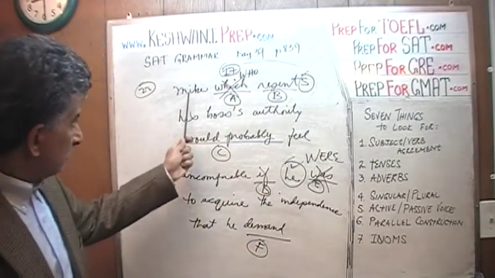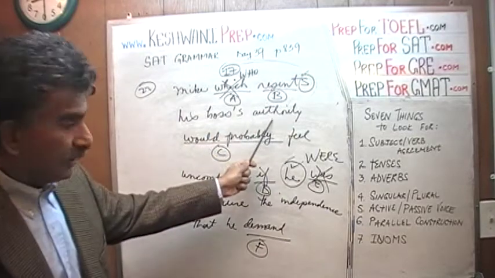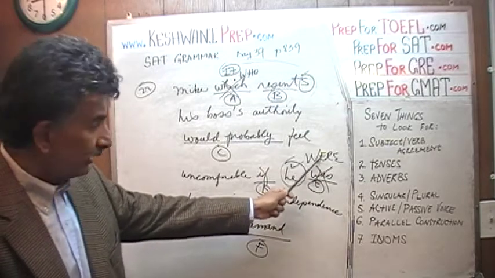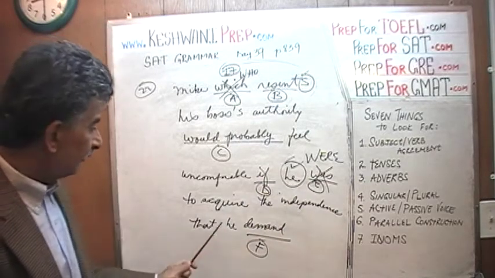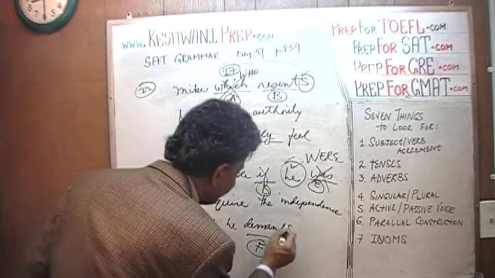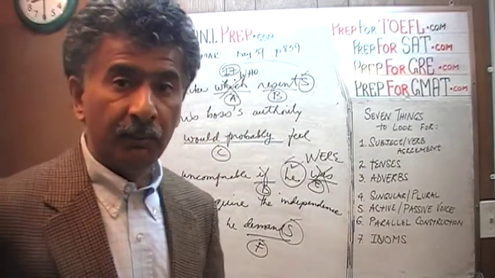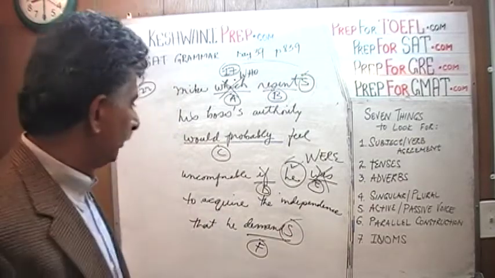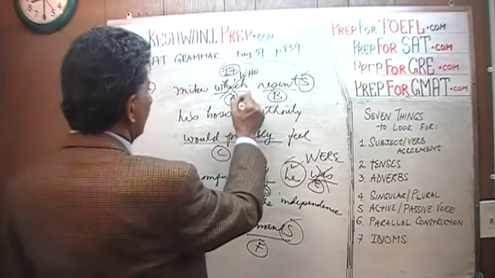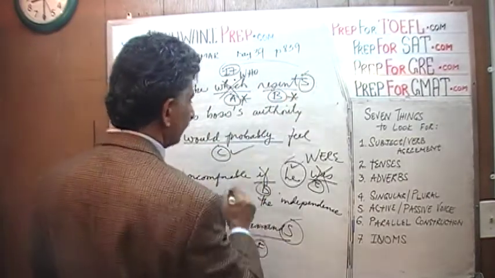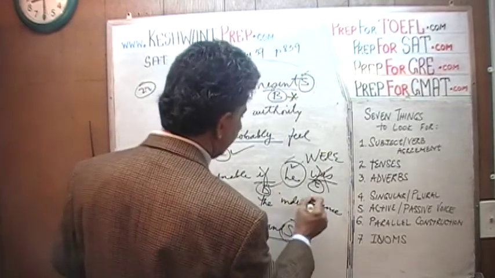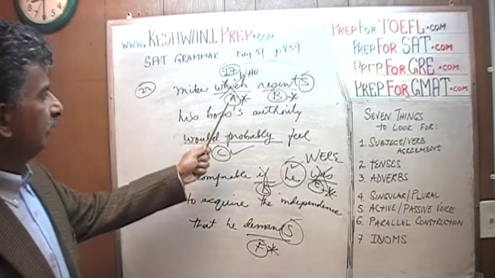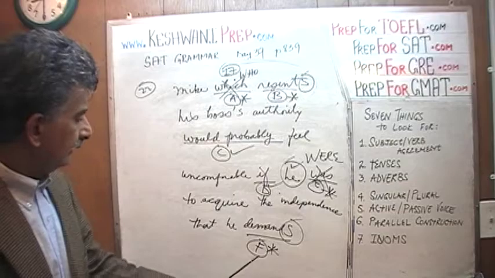Mike, who resents his boss's authority, would probably feel uncomfortable if he were, it's hypothetical, if he were to acquire the independence that he demands. If he were to acquire the independence that he craves, not crave, that he craves, that he demands. That's it. So how many mistakes did we find? A was wrong, B was wrong, C was fine, D was fine, E was wrong. So C and D were fine, but the mistakes were in A, B, E, and F.